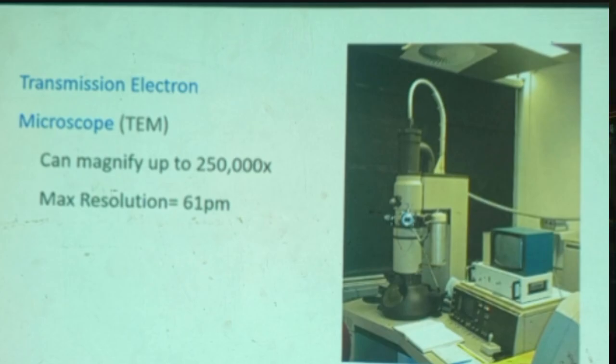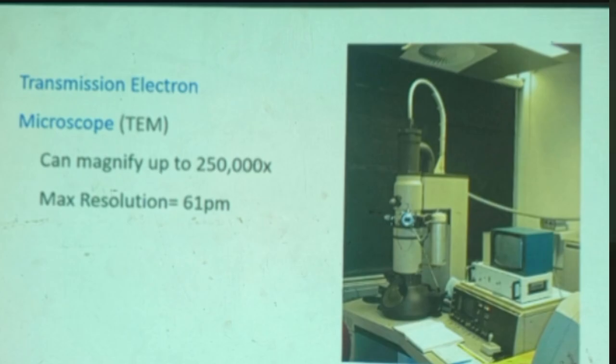Which means this microscope can show you two things as separate only if they are separated by at least this distance. If this distance is decreased, or if the resolution power is lower than this, it will not show you two things as two.